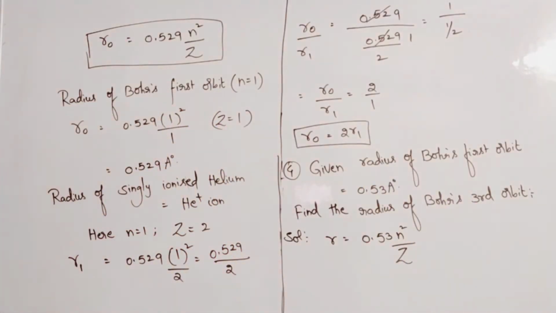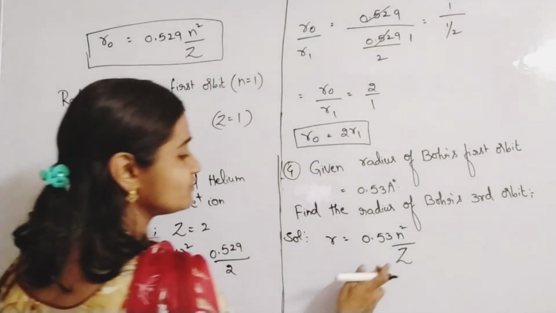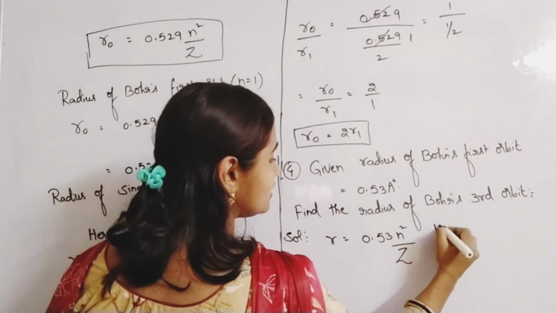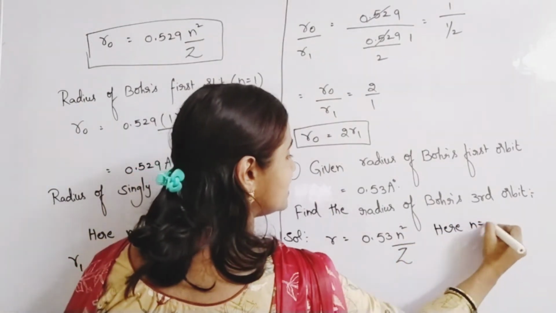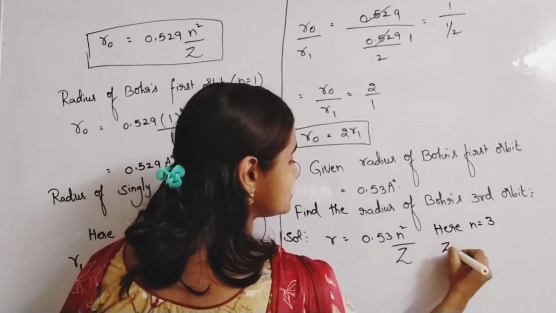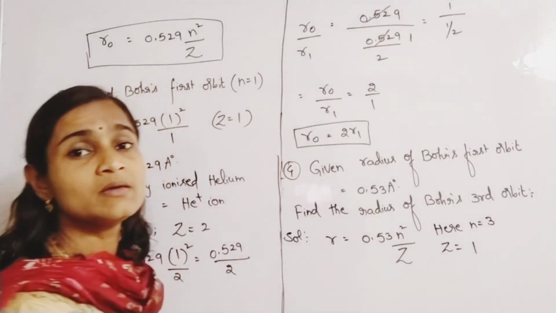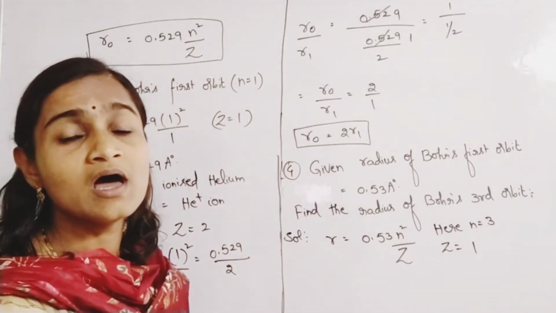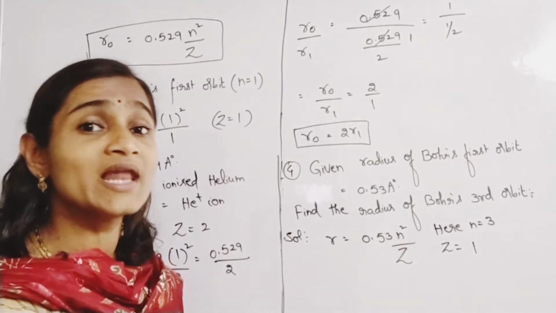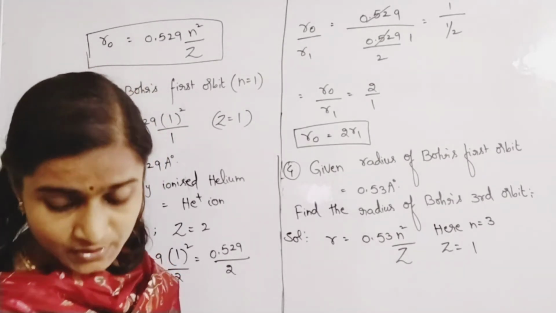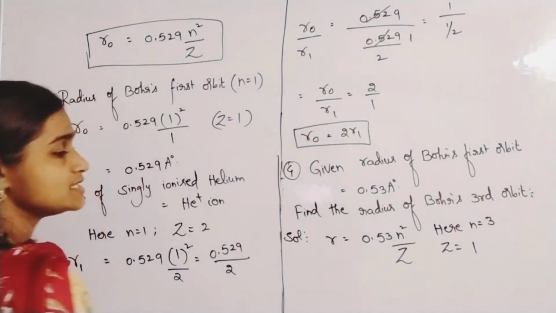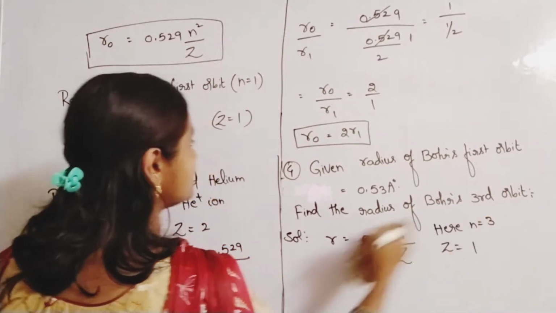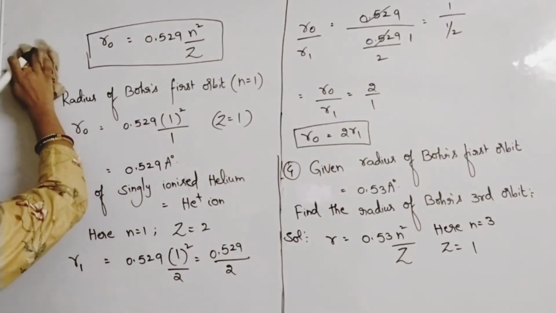It is for Bohr's orbit, meaning hydrogen atom, so z value you have to take as 1. Here n is equal to 3 and z is equal to 1, because Bohr's theory is applicable for hydrogen and hydrogen-like species. So you have to be very careful here. We will substitute in that formula.